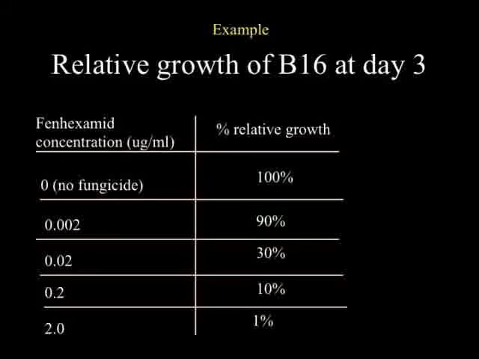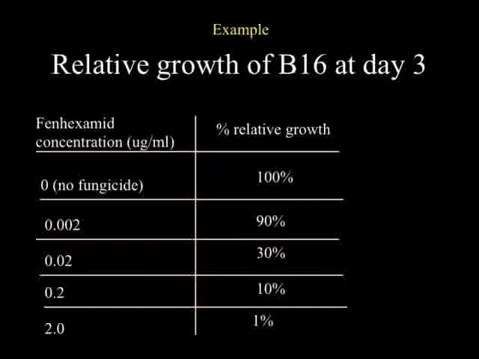In the percentages shown here, these are just an example and they're not based on any actual measurements. So you fill in the Excel spreadsheet table with your measurements. In this example, you can estimate that the EC50 falls somewhere between 0.002 and 0.02 micrograms per mil of phenhexamide.